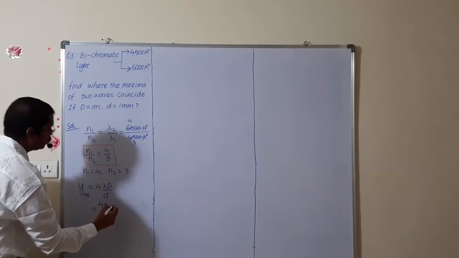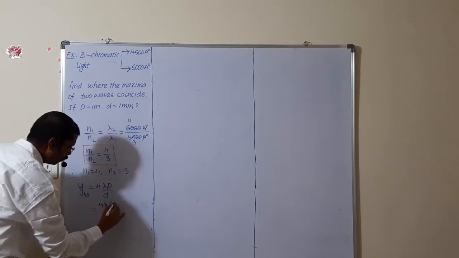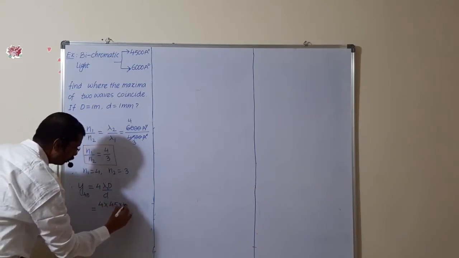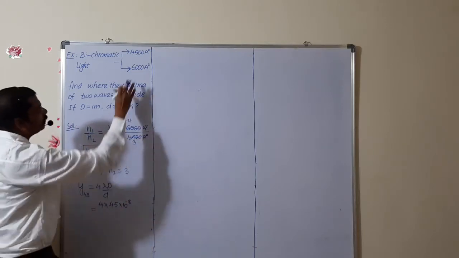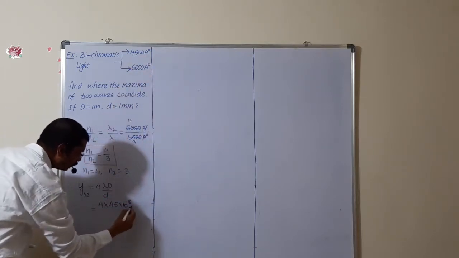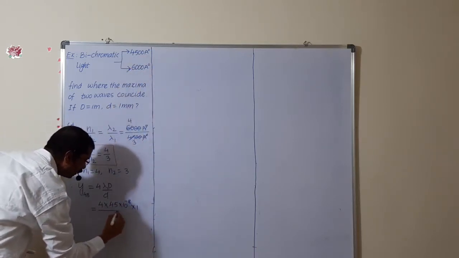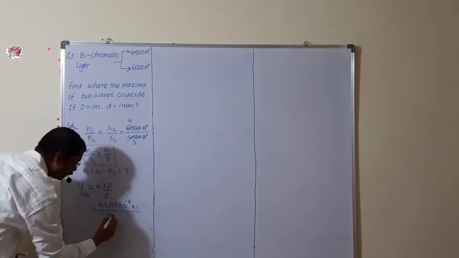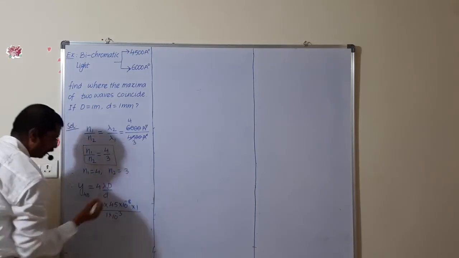Lambda 1 is 4500 into 10 to the power of minus 10, times 4, into 1 meter divided by 1 into 10 to the power of minus 3.